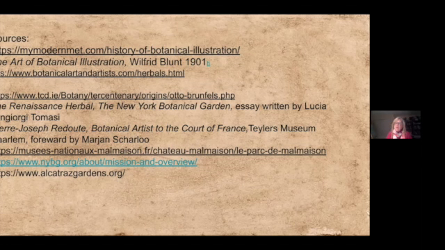Vellum can be different textures. You can get some that's very smooth and has been treated. I'm not really 100% sure how they treat it, but there's a whole process. Kelmscott vellum is the smoothest. I actually have tried painting on a piece of Kelmscott, and it's really smooth, almost like, how can I describe it, almost like a glass plate.